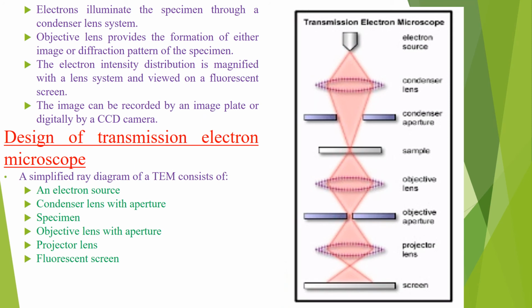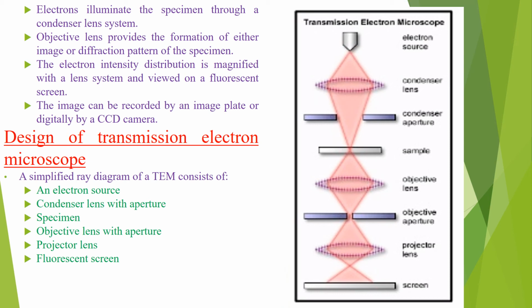The electron intensity distribution is magnified with the lens system and viewed on a fluorescent screen. The image can be recorded on an image plate or digitally by a CCD camera.